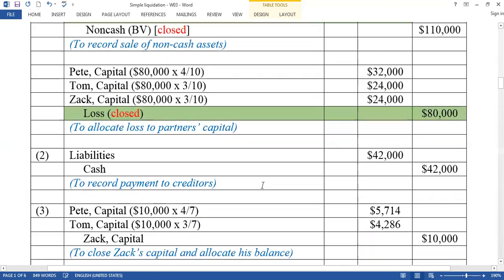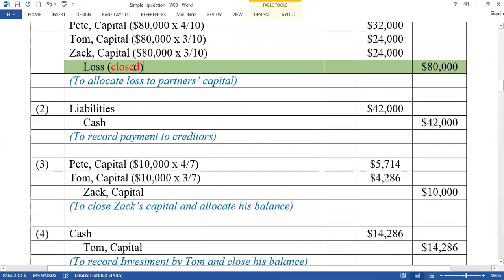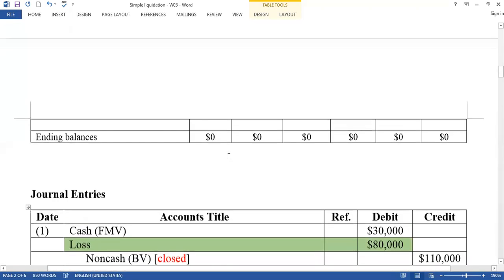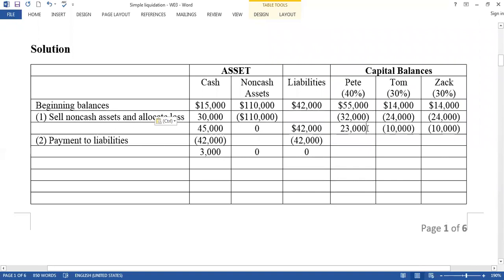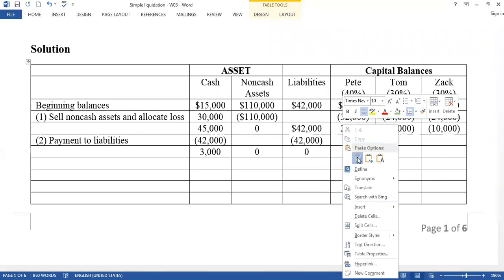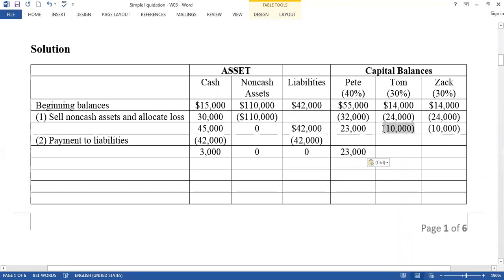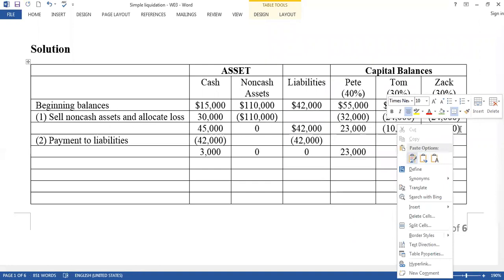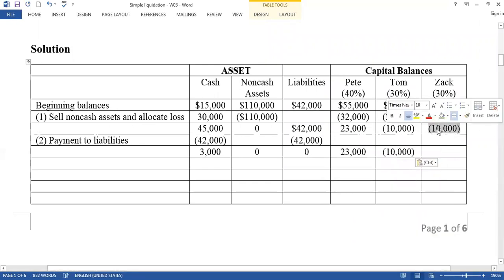So liabilities debit means liabilities is going to close. Liabilities closed. And this is the capital balance for P. This is the capital balance for Tom. And this is the capital balance for Jack.